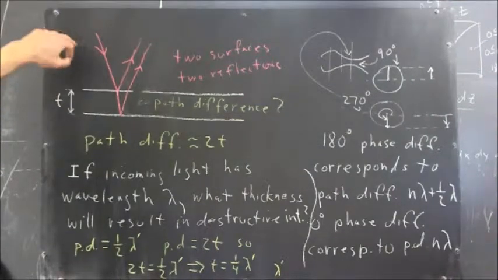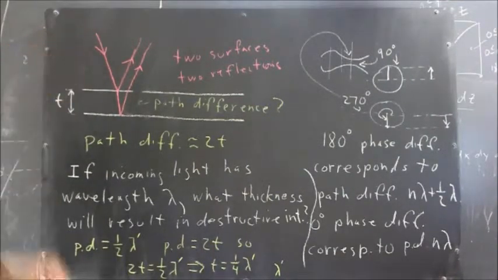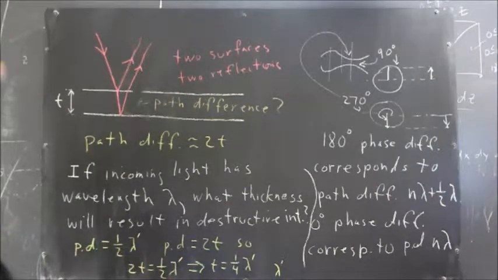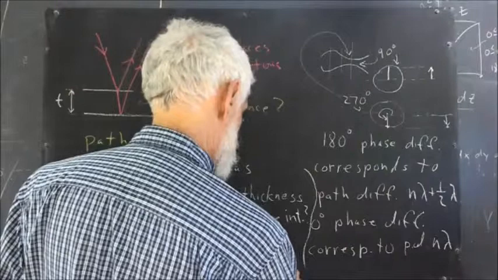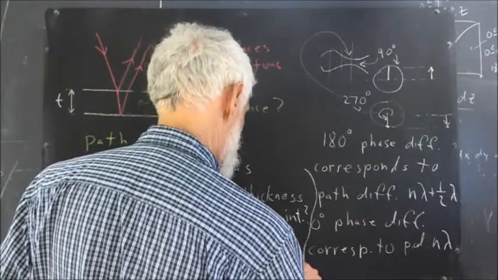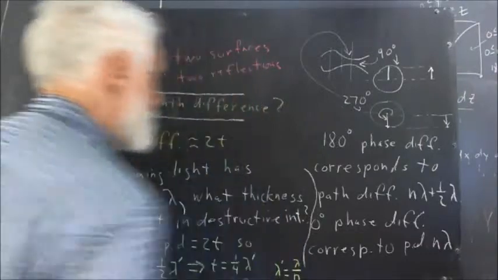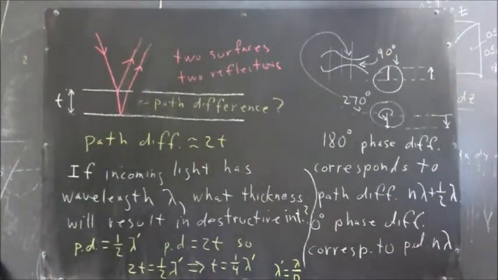Okay, if the index of refraction out here is 1, then lambda prime is just going to be lambda divided by the index of refraction in the material.